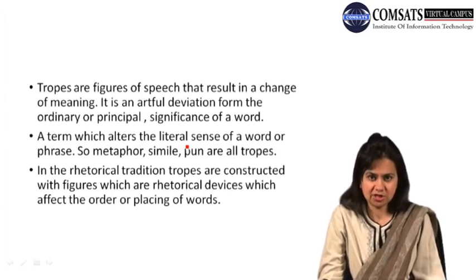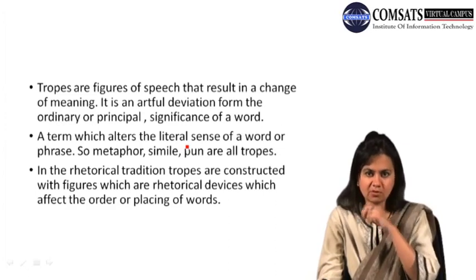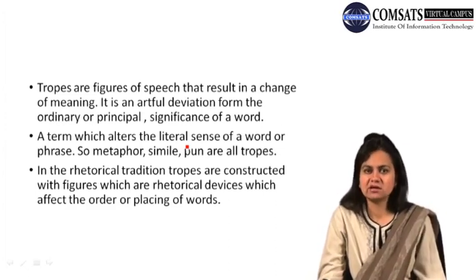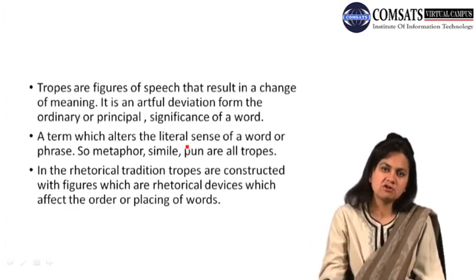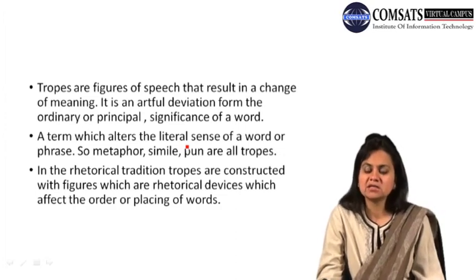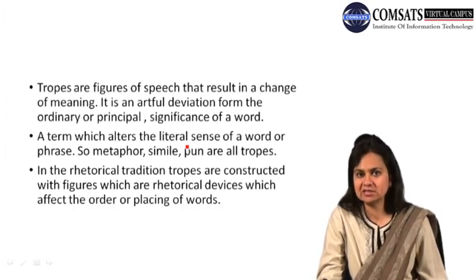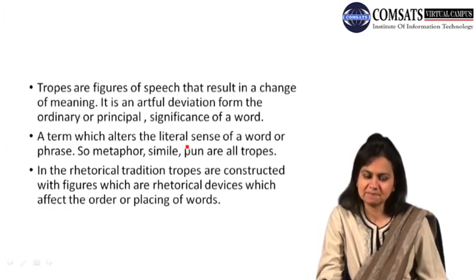And when such a change, disruption, and irregularity in meaning of words is achieved with the help of certain devices that change either the form, shape, or the meaning of a text, these are referred to as tropes. So tropes are referred to as artful deviation, artistic, aesthetic deviations from the normal standards or methods of communication, and they change the meaning from the straightforward, apparent, and literal sense to the more complicated, metaphoric, and symbolic sense.